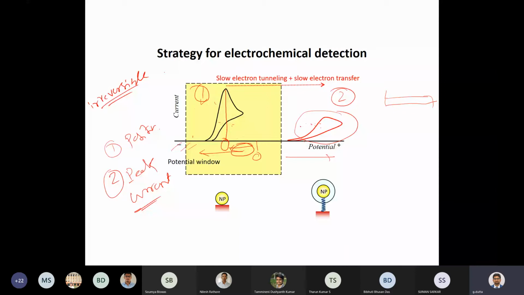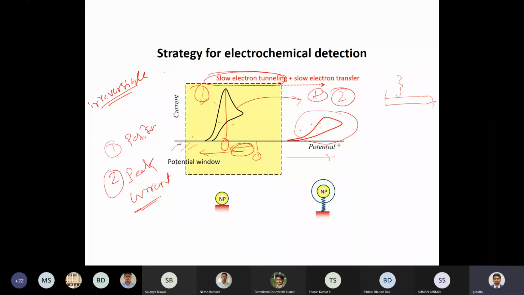Then one thing you can explain: this is happening because of slow electron transfer or tunneling. Why are you saying tunneling? Because of electron tunneling from the solution to the surface. Anyway, this is the slow electron transfer. So because of slow electron transfer, the peaks can move towards the positive side.